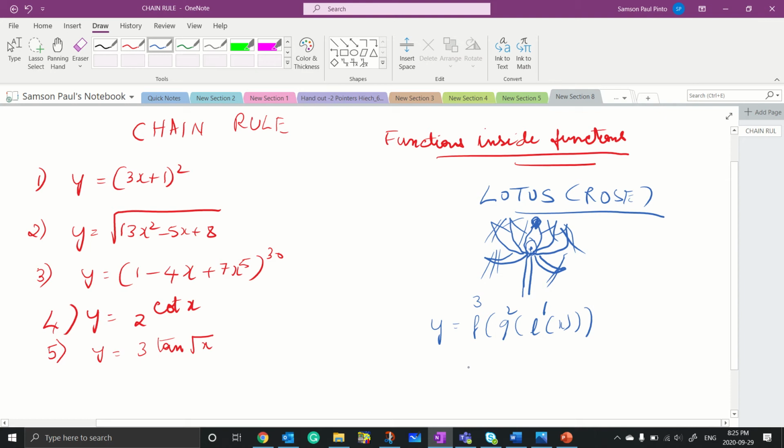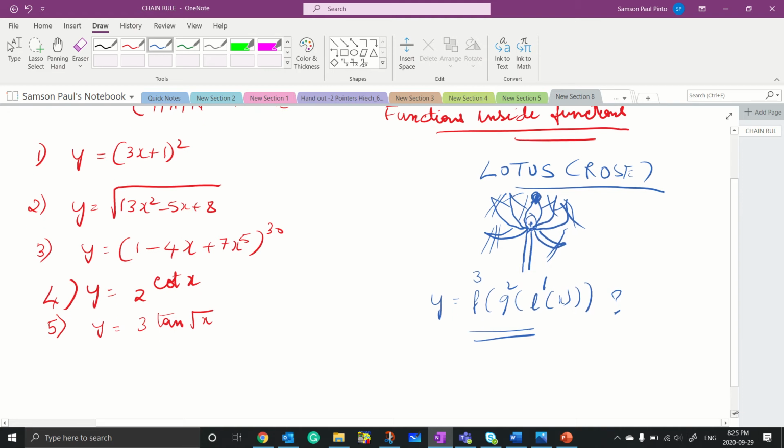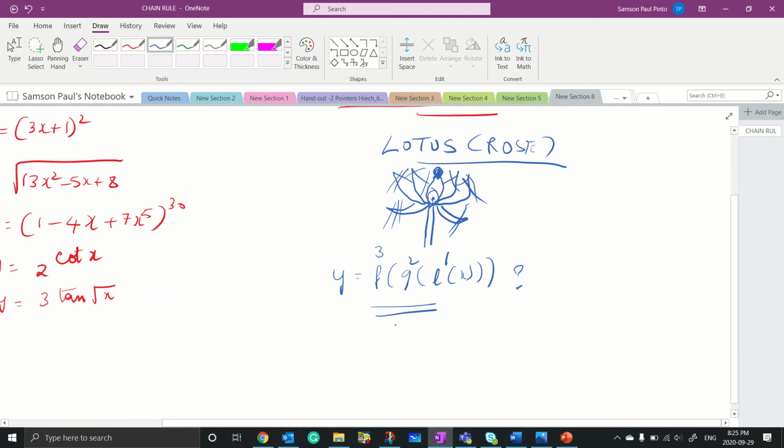So how do I solve this is the challenge in differentiation. The solution to this is very simple. Like you are opening the lotus or the rose petal by petal to get inside, you have to use function by function to get inside.